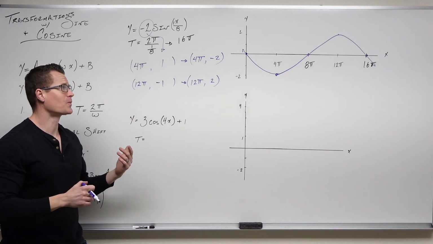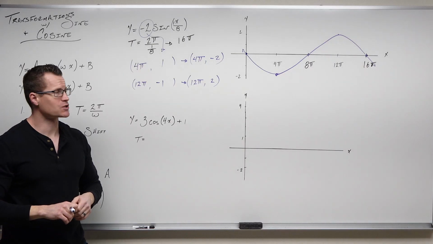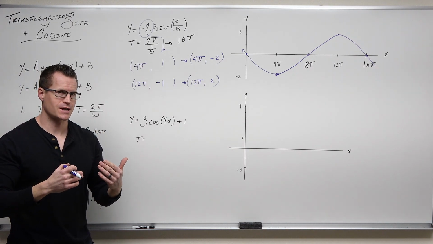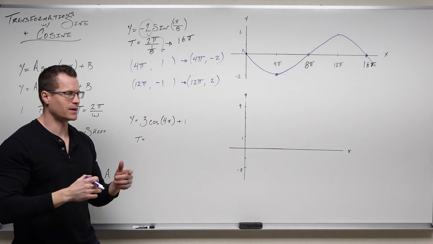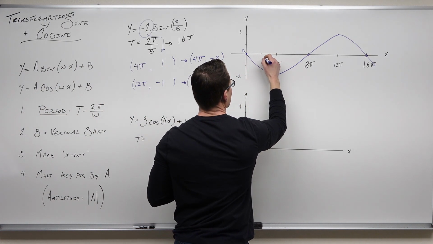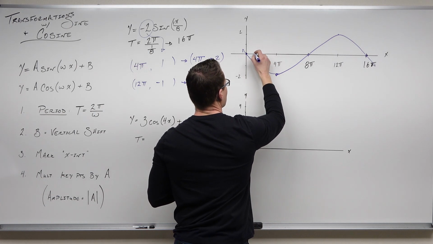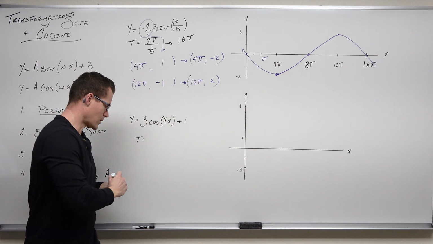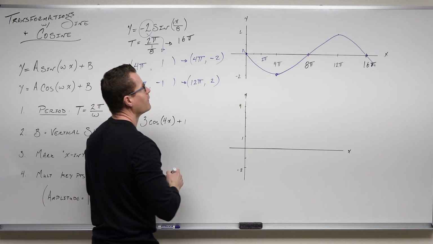To get a real clear picture of what's actually going on, please remember that the normal period for sine is 2 pi. Wait a minute, that's like right here. So normally, here's how this graph would look if you want to see it superimposed a little bit.